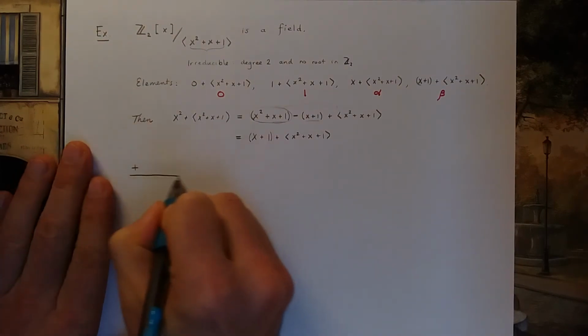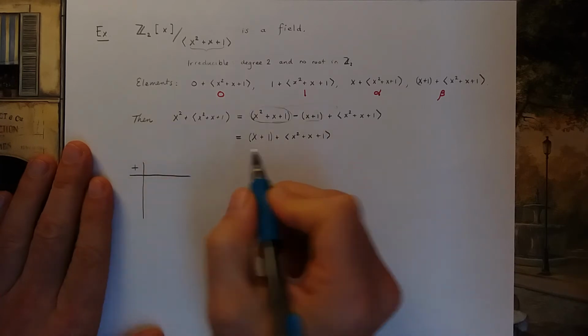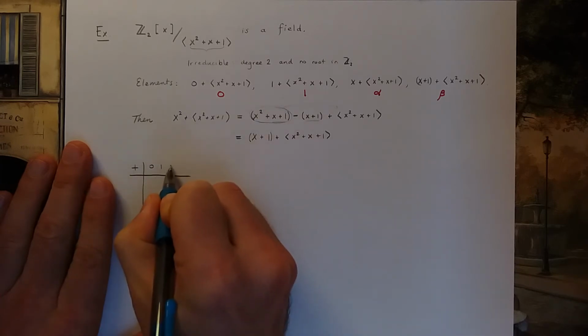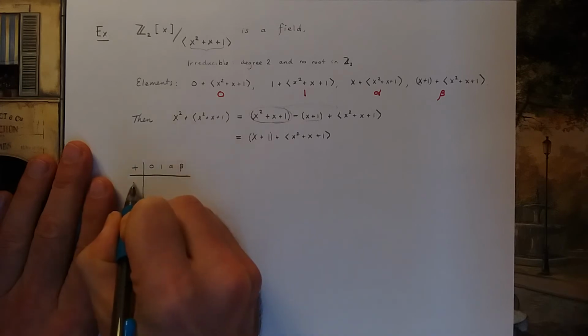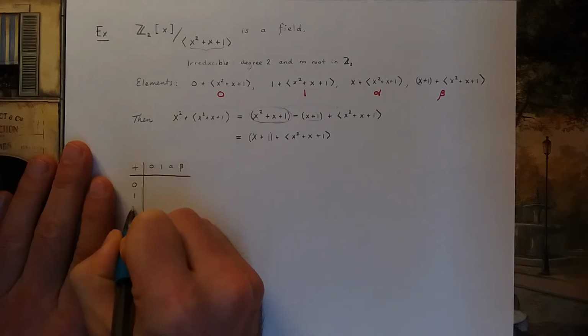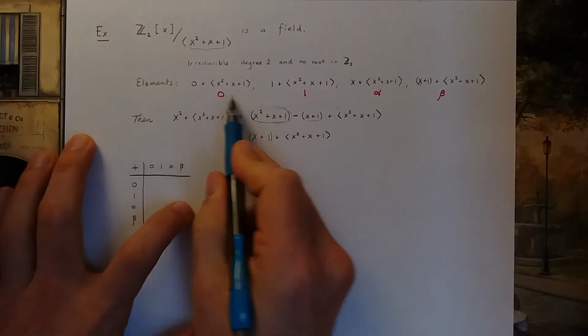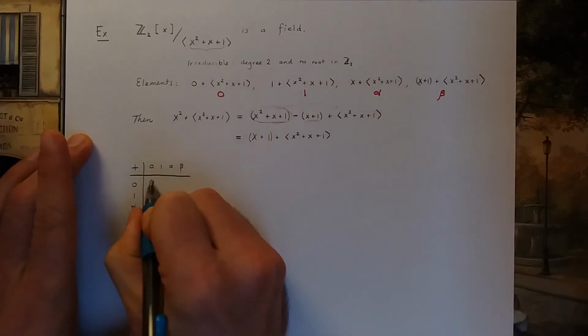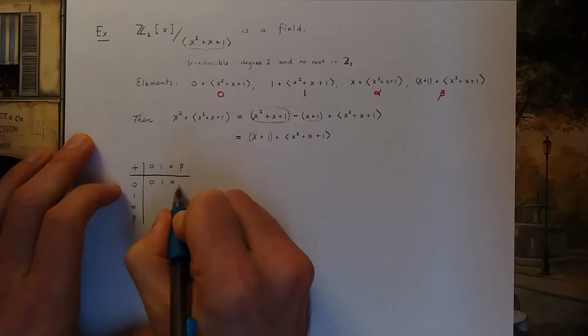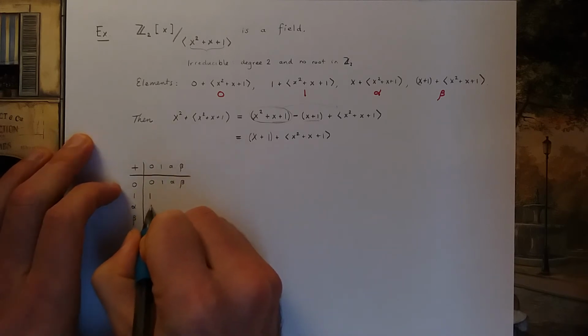First, the addition. So I have 0, 1, alpha, and beta in my ring. It's actually a field. If I add 0 plus anything, I get back what I started with. 0 is the additive identity.